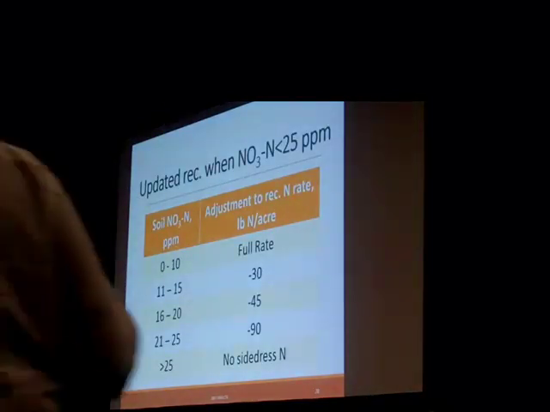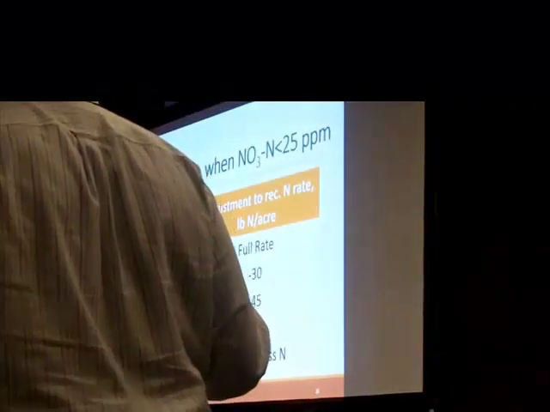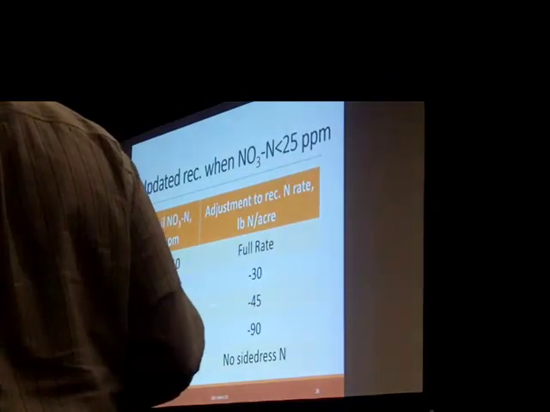So we've just taken that old chart, taken out the yield potential part of it, and looked at the changes in recommendations. So if you're below 10 parts per million nitrate nitrogen, we'd suggest the full rate.